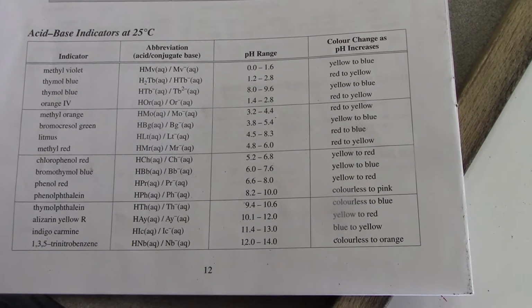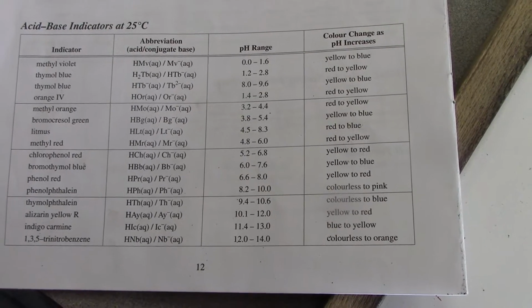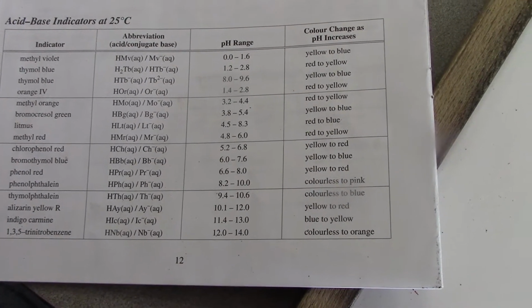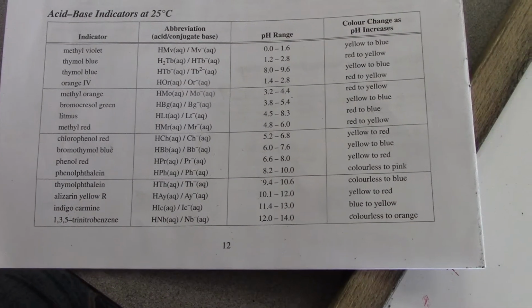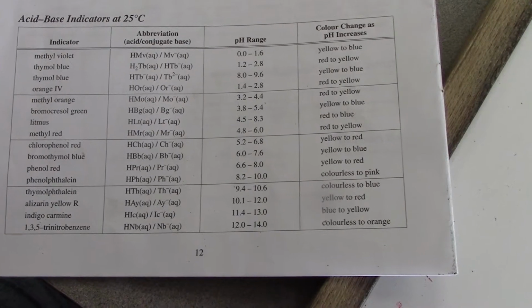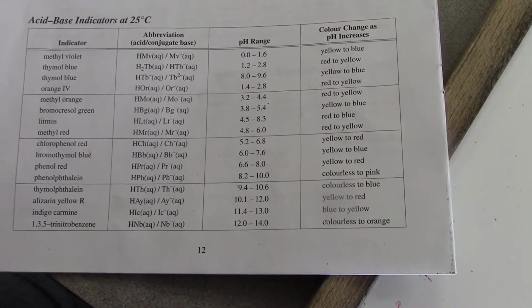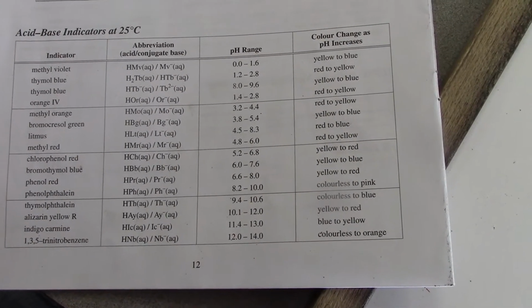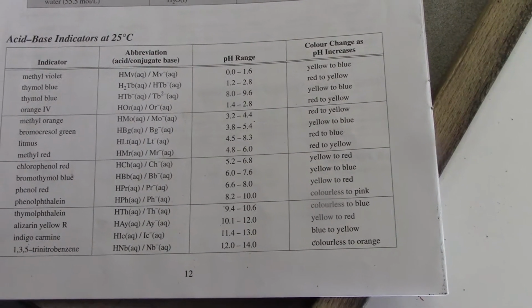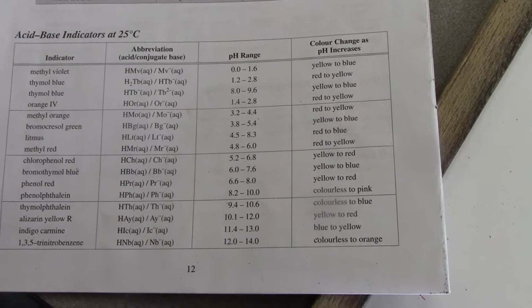And above or close to their pH range on the right, it's the color on the right. So you can see chlorophenol red would be yellow in a pH of 5.2 or below, or close to 5.2. Chlorophenol red would be red, or close to red, in a pH close to 6.8.